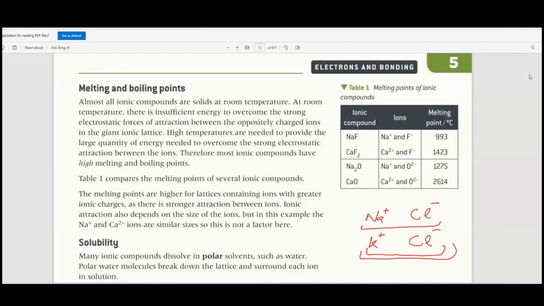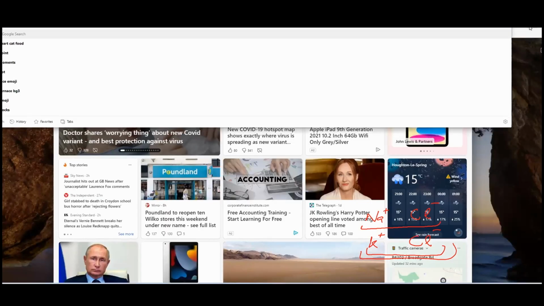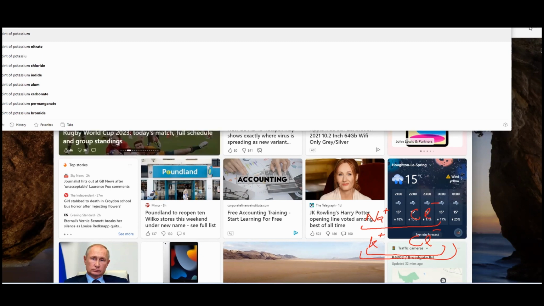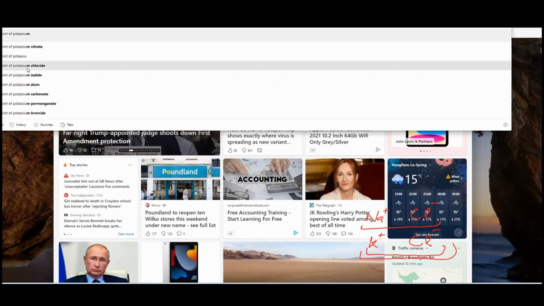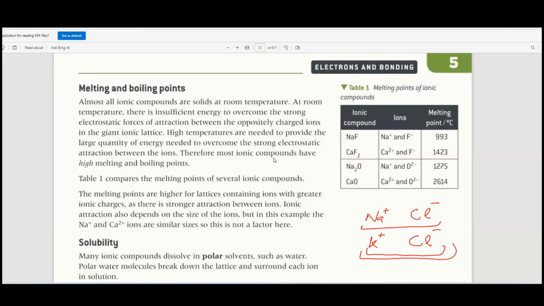Let's see what the melting point of potassium chloride is. First of all, is there something named potassium chloride? Yeah, melting point of potassium chloride. So it's 770.